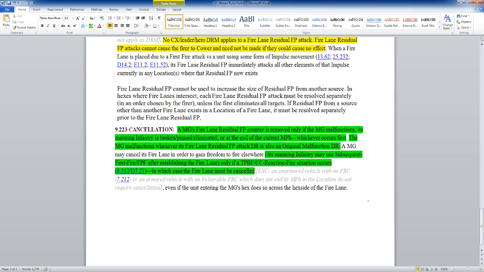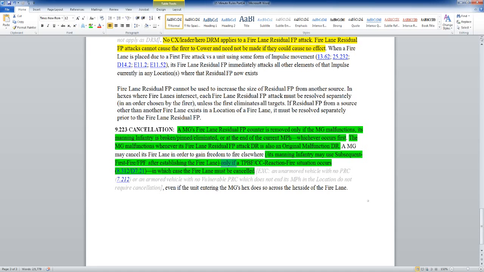The machine gun malfunctions whenever its fire lane residual firepower attack die roll is also the original malfunction die roll. Its manning infantry may use subsequent first fire or final protective fire after establishing the fire lane only if a triple point blank fire or CC reactionary fire situation occurs.